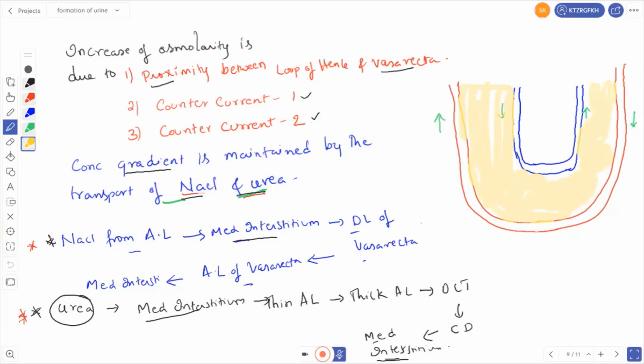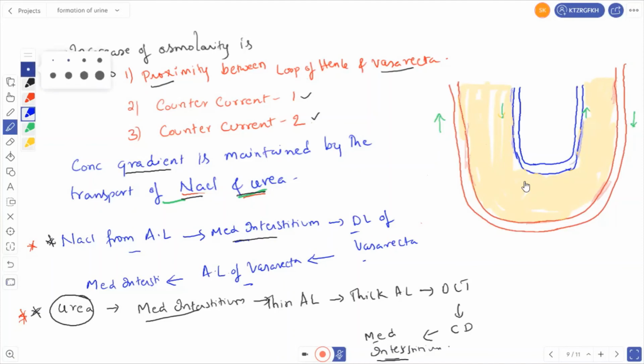From where to where it is secreting, I'll tell you now. This one is the vasa recta. And this one is the medullary interstitium. The yellow color one is the medullary interstitium.